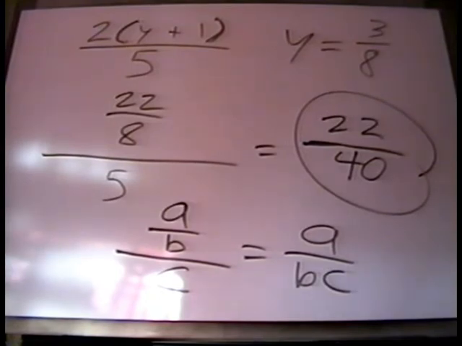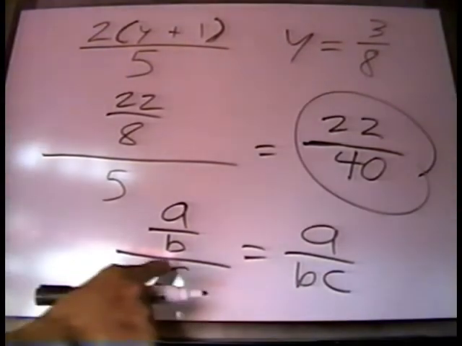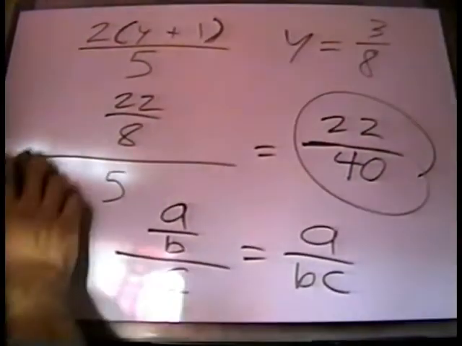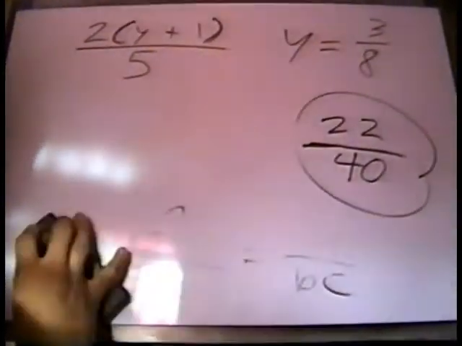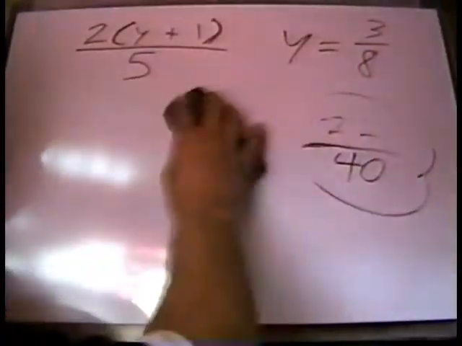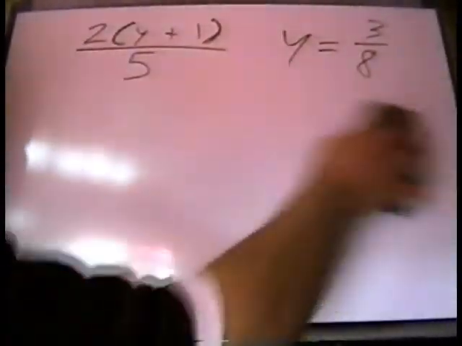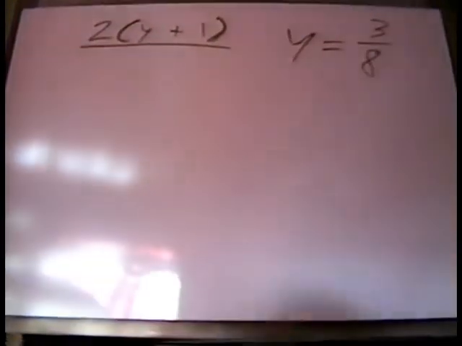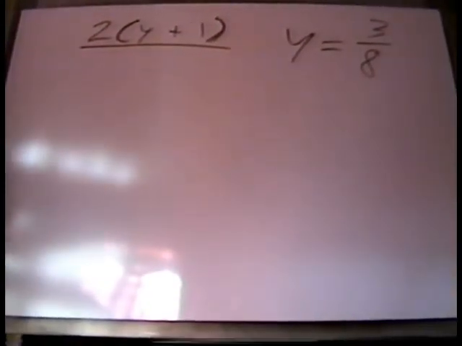Now I want to do another example, because I want to expand on this to show you that when you drop down a number, you multiply by everything there. Now we're going to do this over again. So we're going to do a different expression.